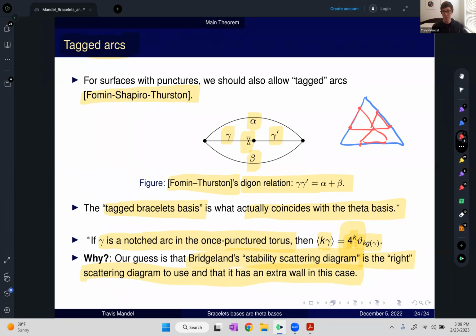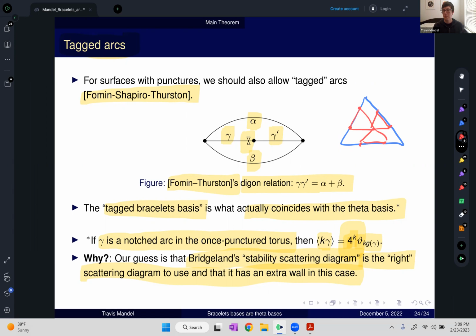And then the dual canonical basis, I think, would be the bands basis, and the triangular basis would be something else. Fan Shen has some work on this.